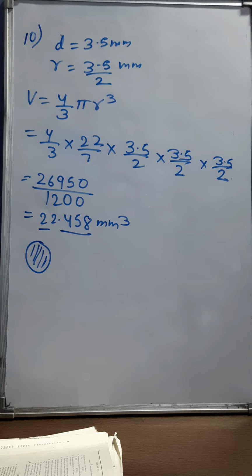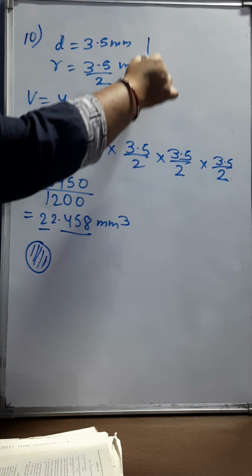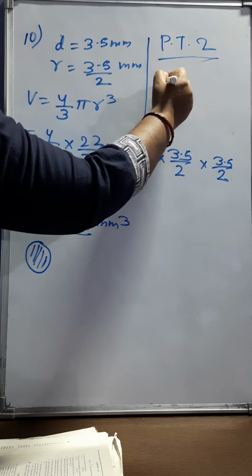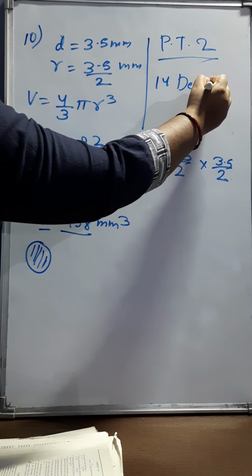So students, this way all the questions of exercise 13.8 are completed. I hope you have completed all the questions from the R.S. Agarwal book. If you have not done, you complete it. Because your periodic test schedule has come, we are going to start periodic test 2 from 14th December.